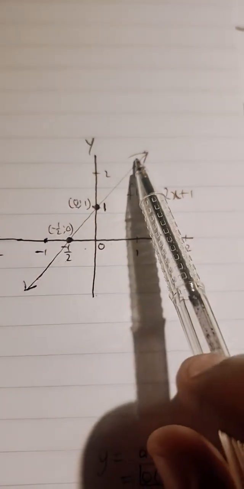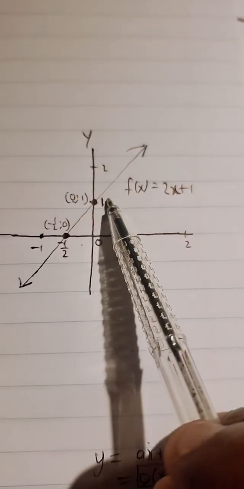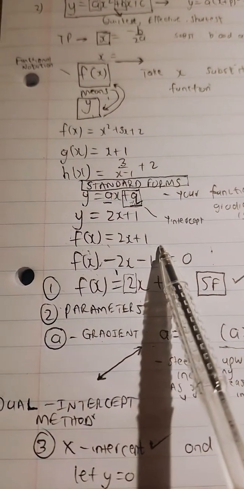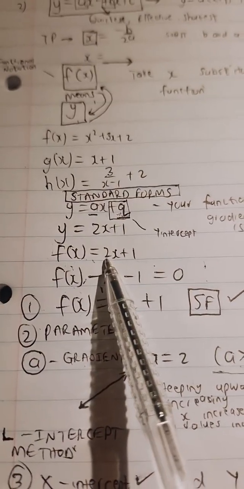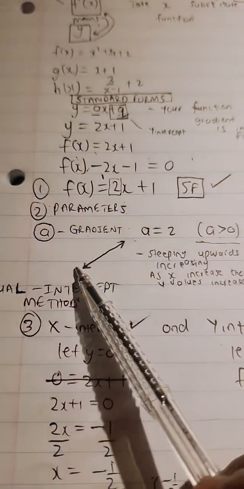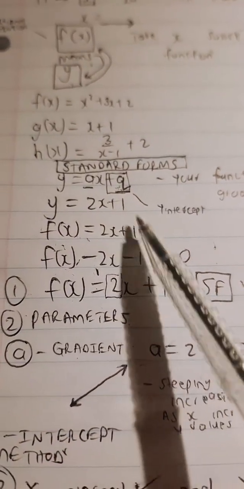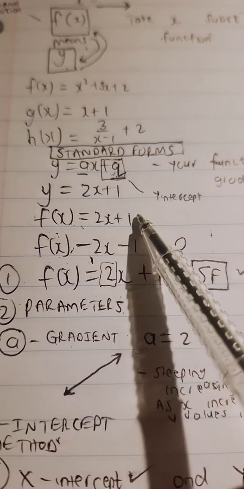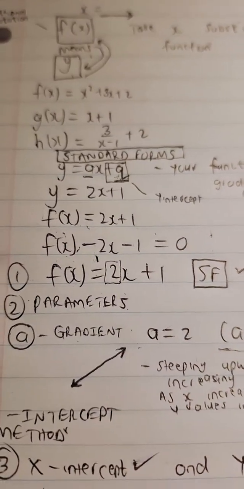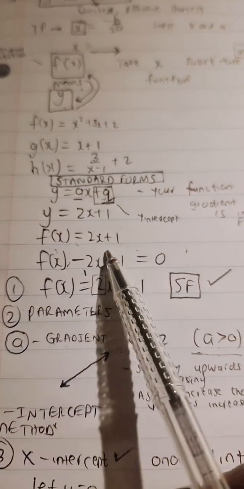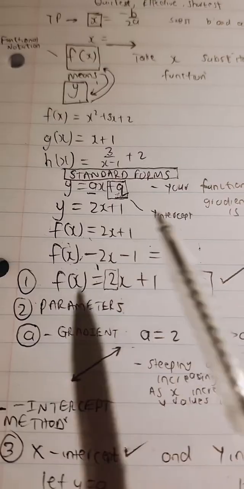Isn't that where the graph cuts the y-axis, at 1? Yes, it's no coincidence, guys, that this and that agree. So if you have your equation in standard form, your gradient will be clearly noticeable to you. The shape is going to be informed. The q value will be noticeably clear, and you will know, without even solving for the y-intercept, that the graph is going to cut the y-axis at 1.